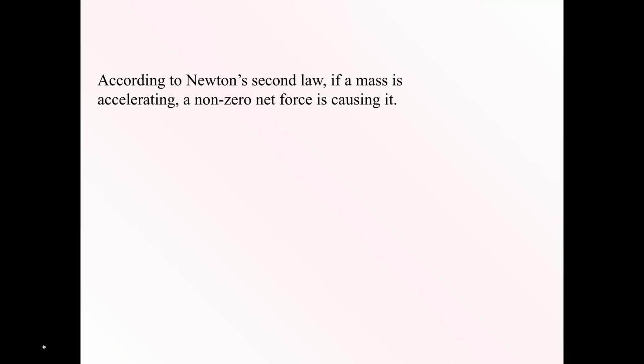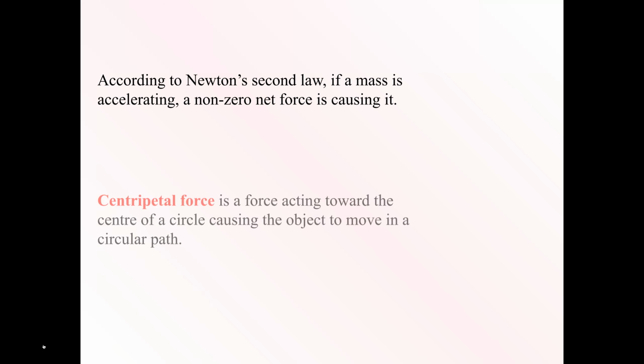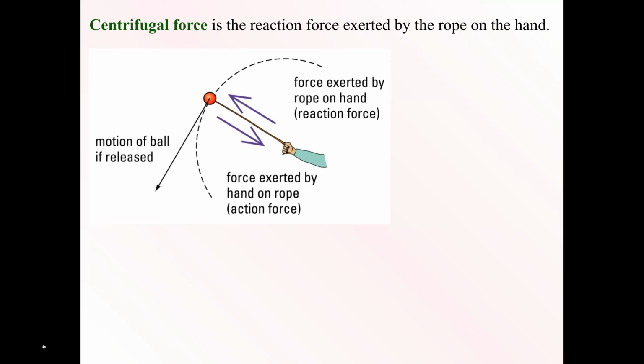According to Newton's second law, if a mass is accelerating, there has to be a non-zero net force causing that. So centripetal force is a force acting towards the center of the circle, caused by the move in a circular path.